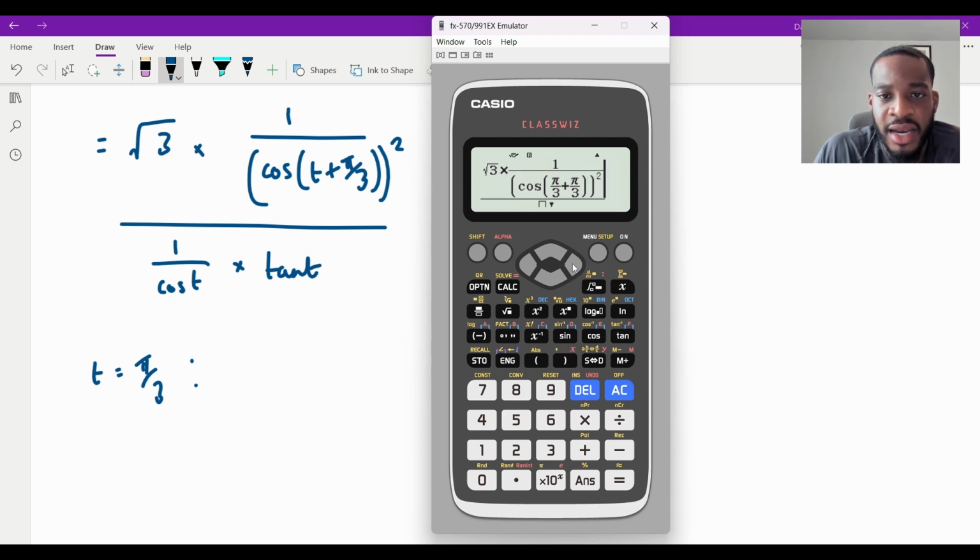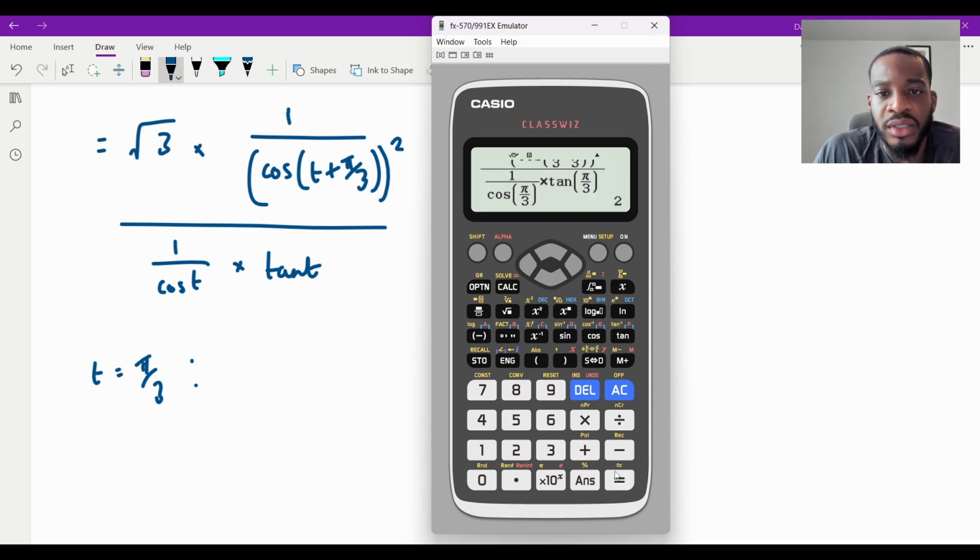And then on the bottom, I'm going to write 1 over cosine of pi over 3, and I'm going to times by tan of pi over 3, aren't I? And close bracket. Let me just double check. Looks fine to me.